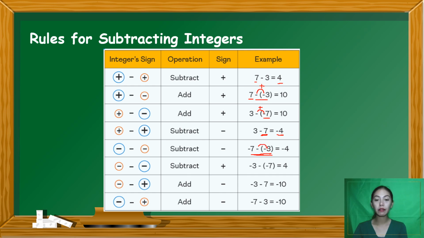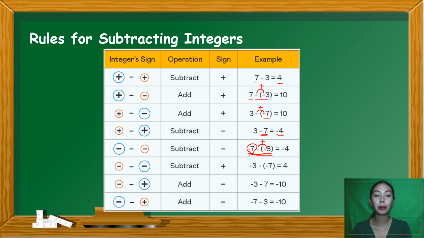Negative times negative will become positive. So now we have negative 7 plus 3, which is equal to negative 4. It is negative because the sign of the bigger absolute value is negative. Okay. So in this part, the bigger number is the first term.